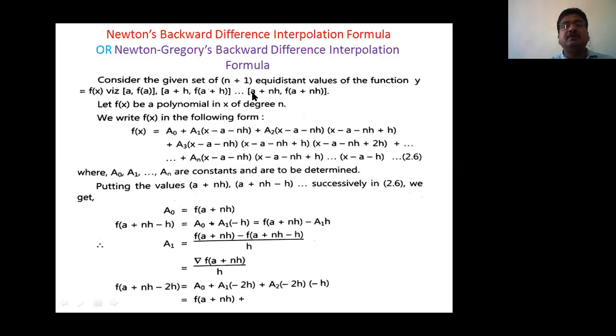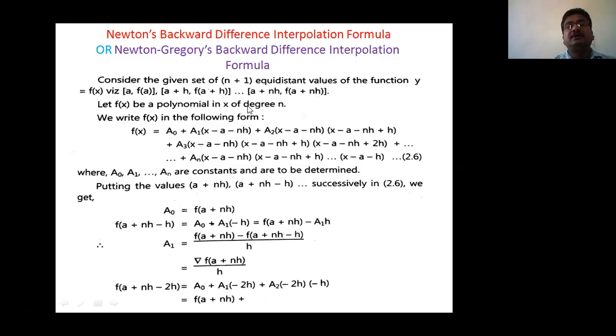The number of values of x is n plus 1, because starting from a, a plus h is the second value, a plus 2h is the third value, and so a plus nh is the n plus 1th value of x. The second row in the table is the values of y, f of a plus nh.